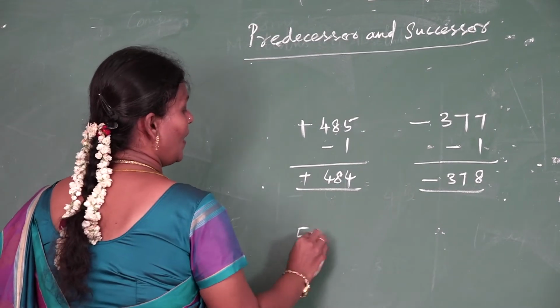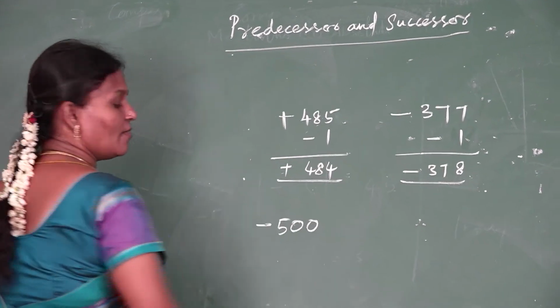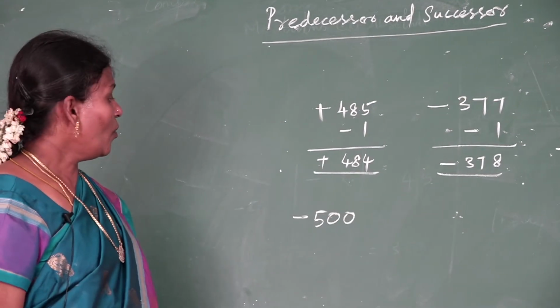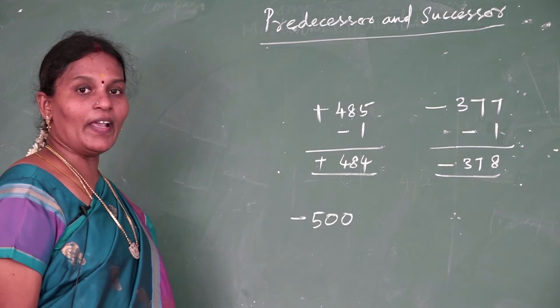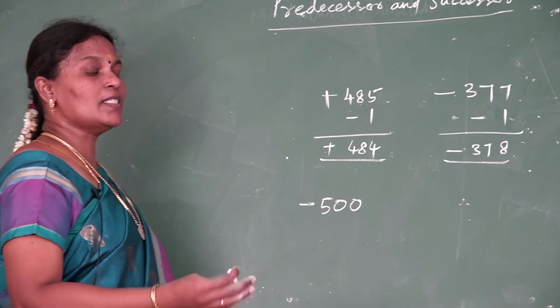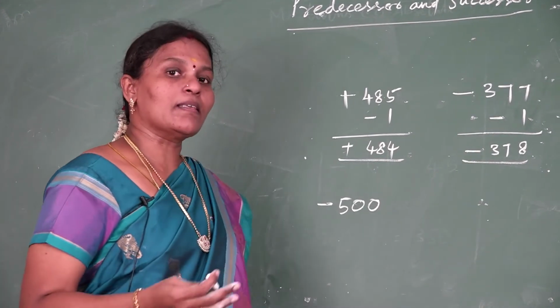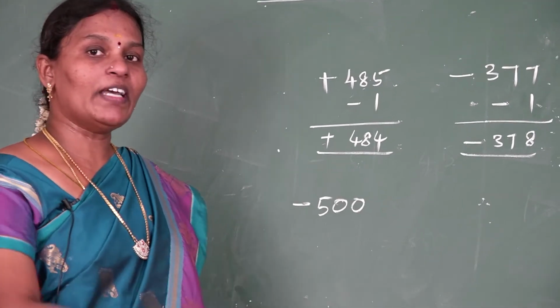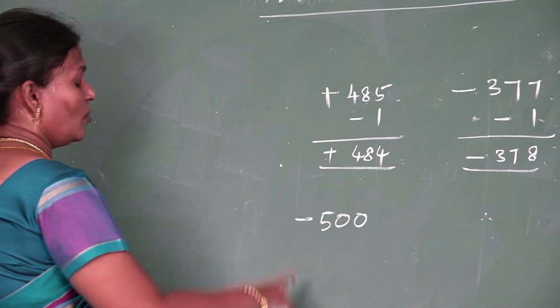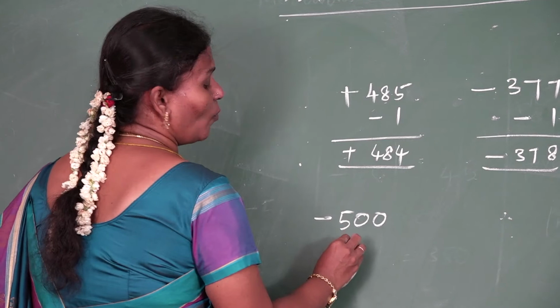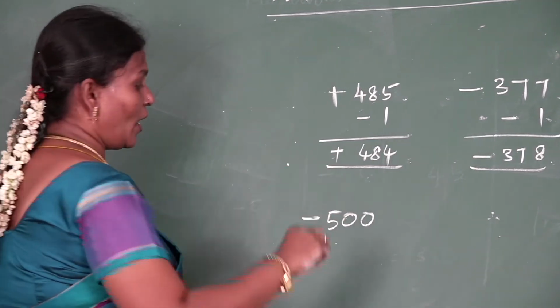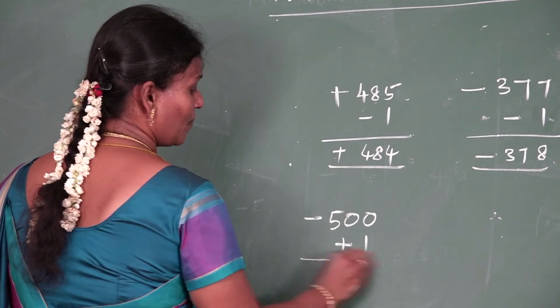Okay. Now see the successor of a given integer. What is the successor of minus 500? Successor means one more than the given integer. So you have to add 1, so plus 1.